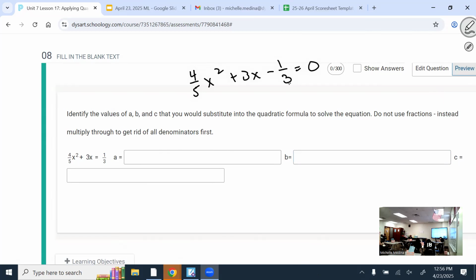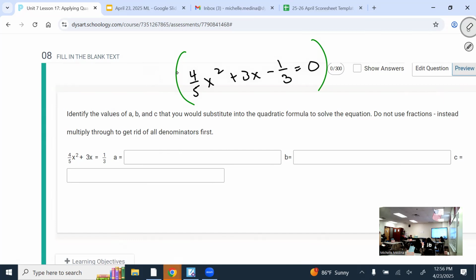But since it's an equation and I have two denominators, I don't want to just multiply all of this by just 5 because that would only get rid of this one. I don't want to just multiply it by 3 because I would only get rid of this one. What's their least common multiple?